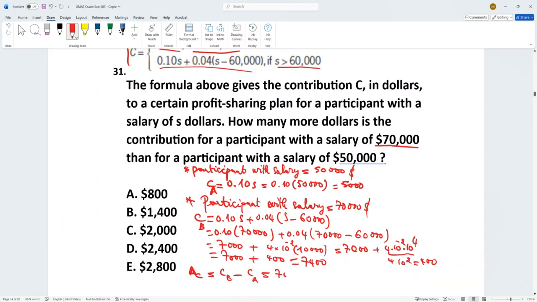The CB is 7,400 minus 5,000, which is equal to 2,400. So that's definitely answer D. Okay, so that's the answer.